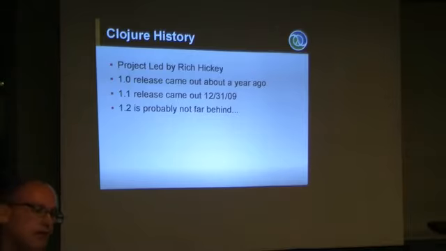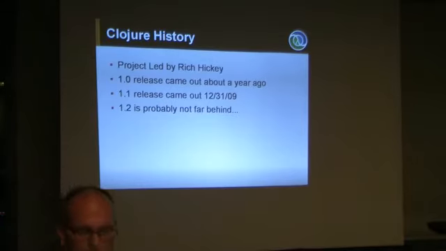And I think the 1.2 release, I don't have any special knowledge here, but it seems like that's probably not too far away. The people doing the coding on it seem to be pretty excited about the new features they're working on, so that leads me to believe that they're likely to come out with the next release fairly soon.